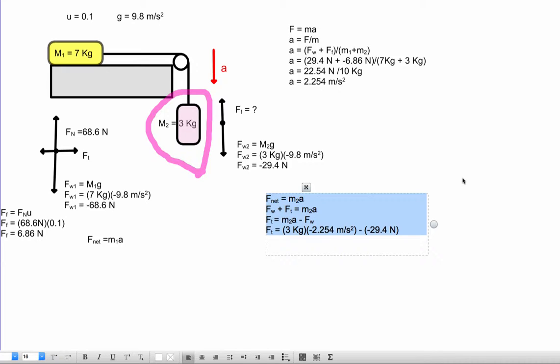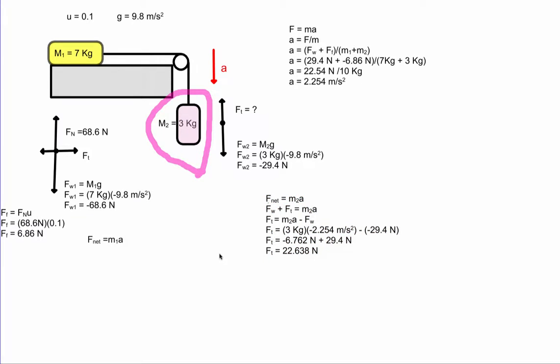The weight is also negative because it's downward. Solving for the first term, and then minus a negative is plus 29.4 newtons. And we have an answer of a tension of 22.638 newtons.